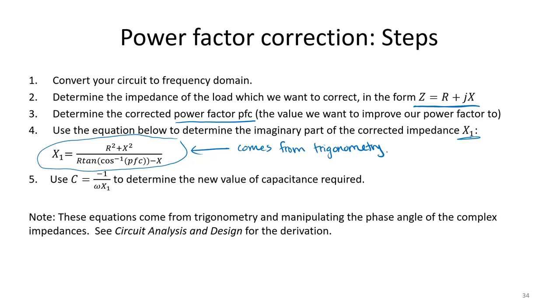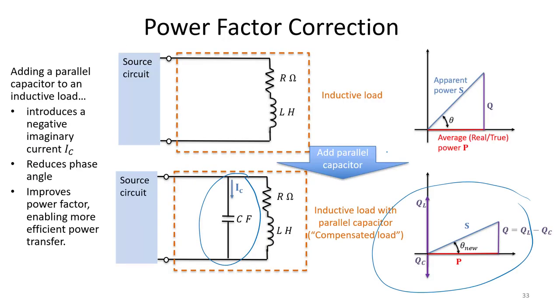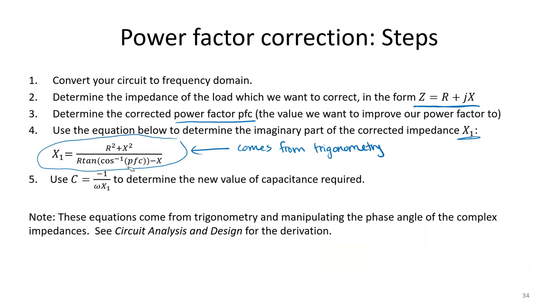I'm not going to derive the whole thing here, but if we were to do some trigonometry to figure out the change in theta required in order to produce the desired Q, you can actually do trigonometry on your phasors in the complex plane, and that is how we would end up with this corrected impedance equation. You can check out our textbook Circuit Analysis and Design for the full derivation if you're curious.